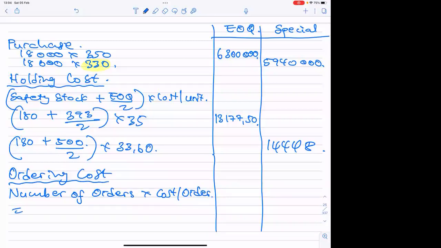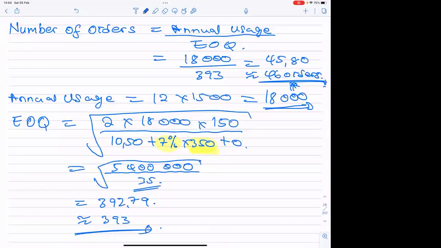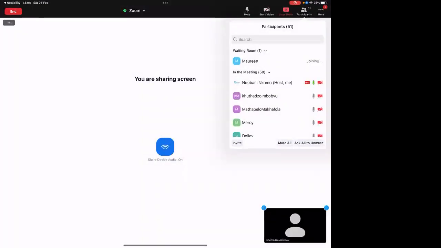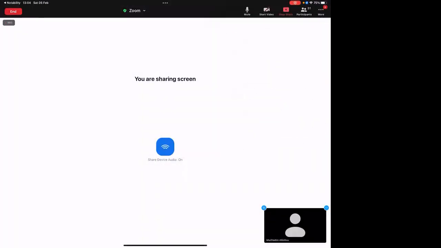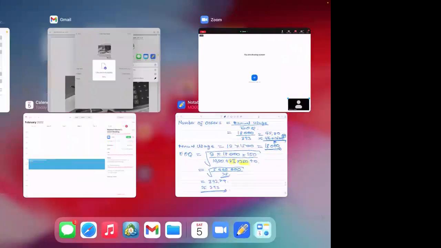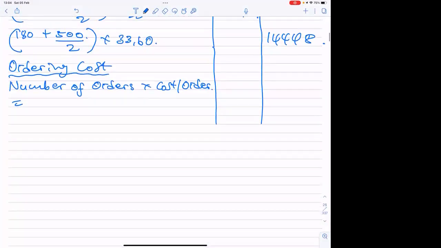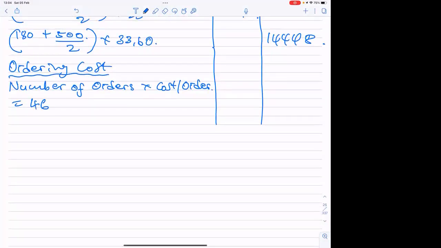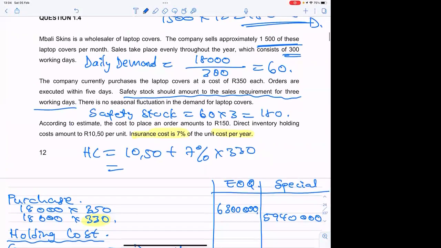The number of orders we calculated for the EOQ, it was what? It was 46, yes. So we say 46 multiplied by the cost per order.